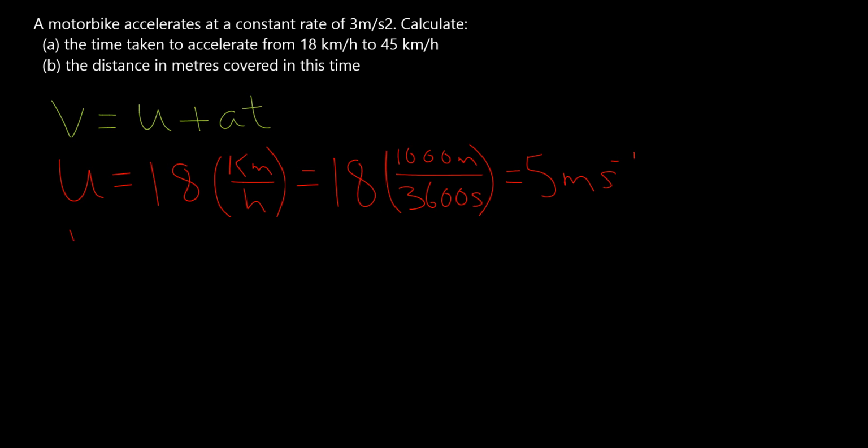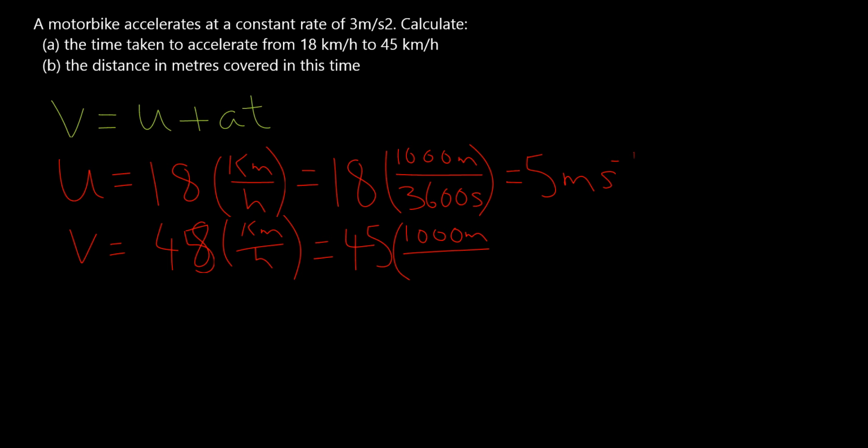Similarly for the final velocity, which is 45 kilometers per hour, I can rewrite that as 45, change the kilometers to meters, so wherever we see a kilometer symbol we just write 1,000 meters, and whenever we see the hour symbol we can change that to 3,600 seconds.